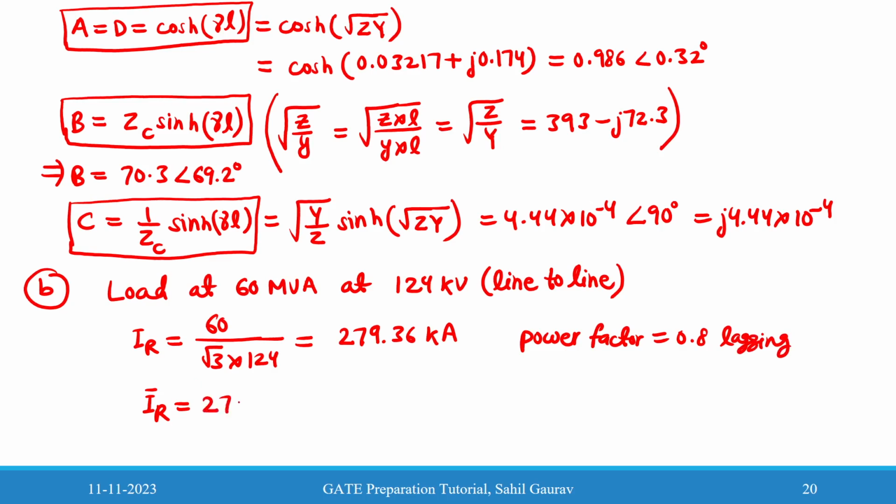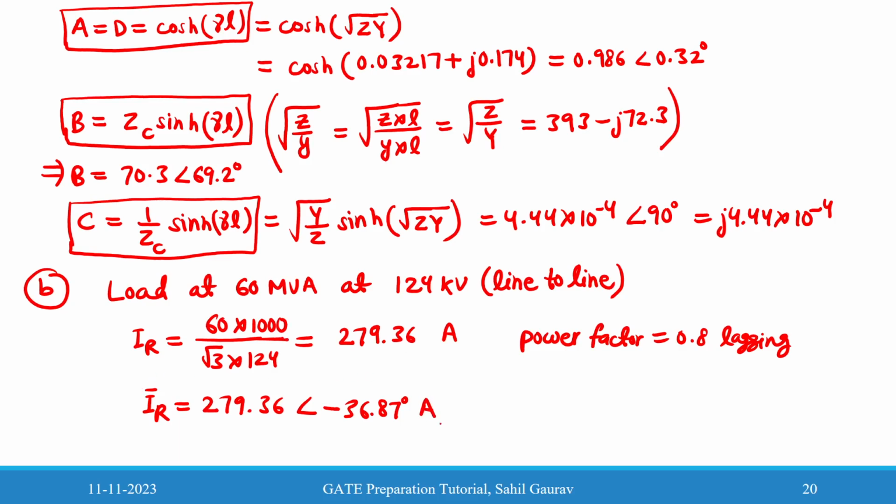So the phasor form of IR is equal to 279.36 at the angle of minus 36.87, sorry, it will be ampere. So we take it to 1000 on the top side. So this will be IR.